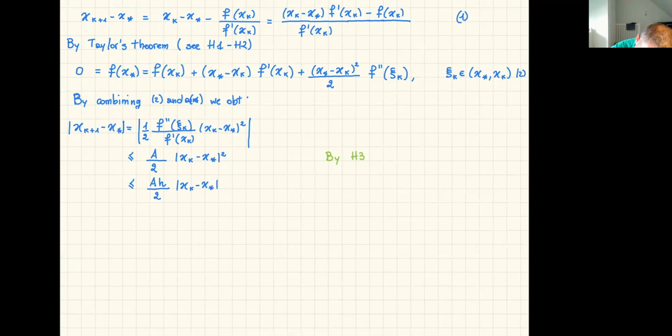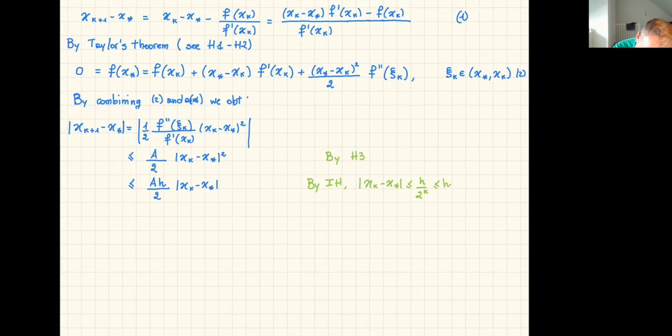Just that. And I think that is true because by induction hypothesis, I have |xk minus x star| less than or equal to h over 2 to the k, and that means in particular less than or equal to h.